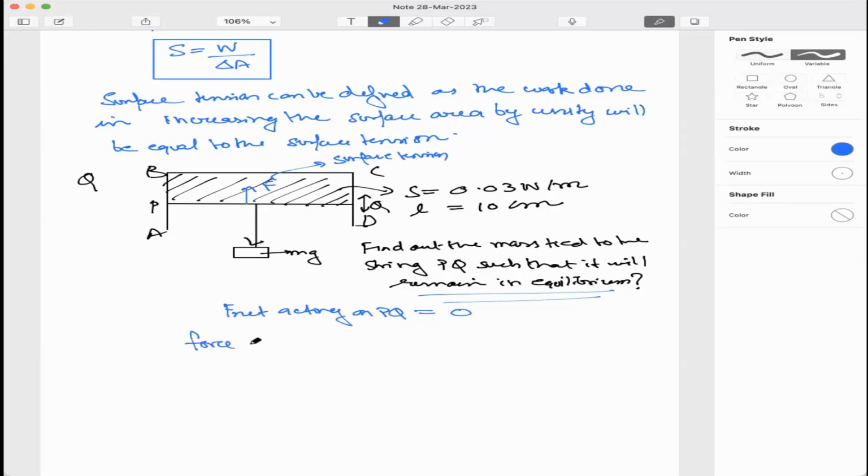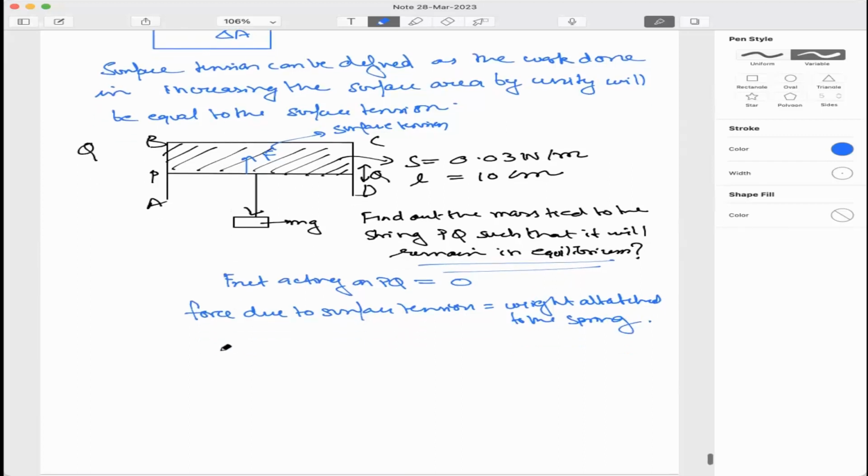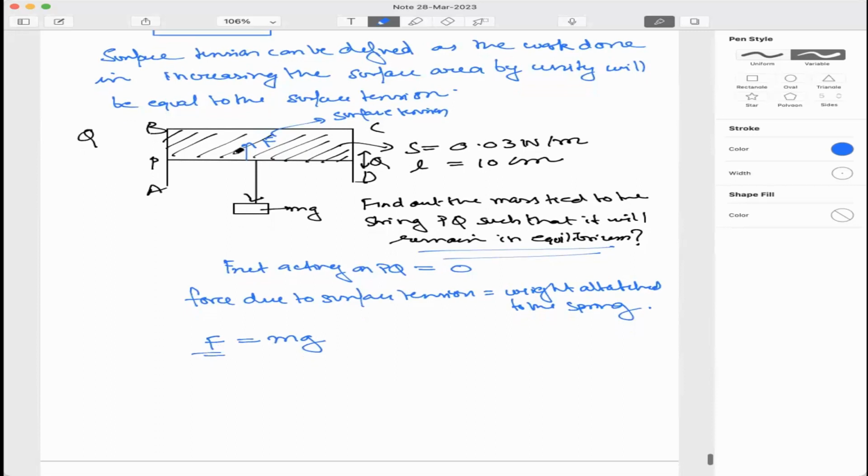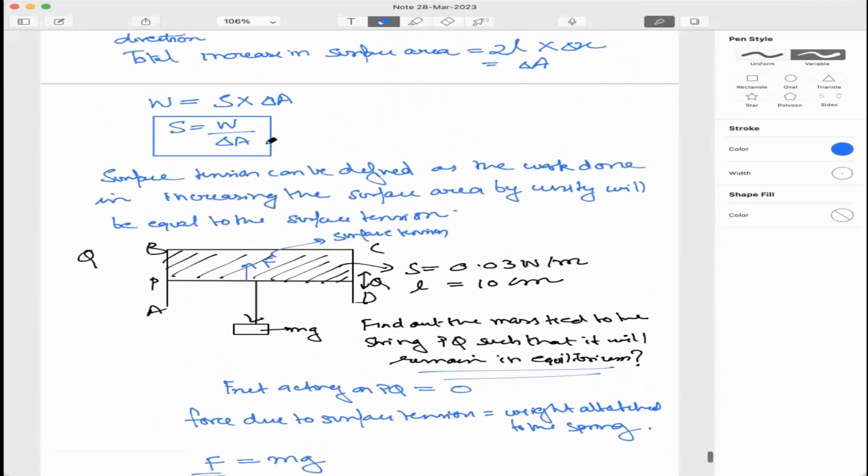So force due to surface tension is equal to the weight attached. The force acting in this direction, that is F, should be equal to mg, and this force, because I told you it's a soap film, so again, don't make that mistake again.